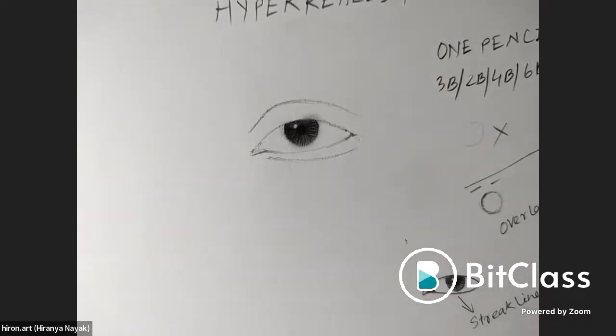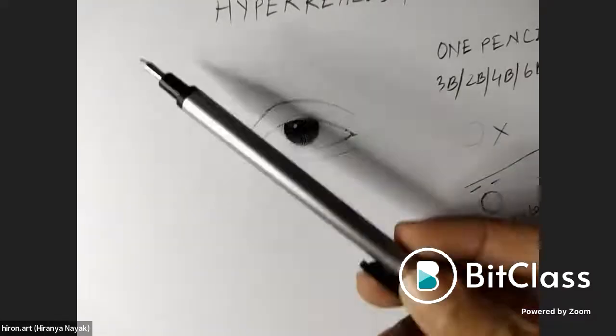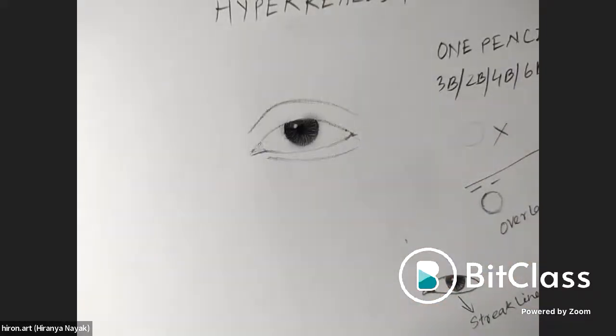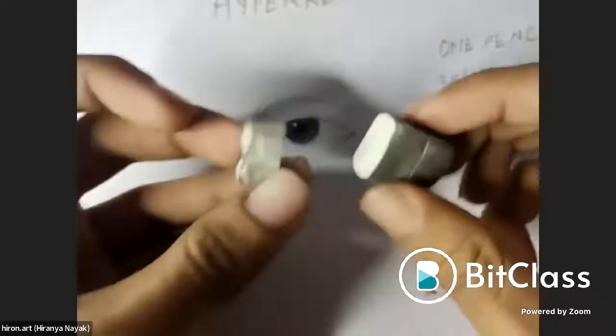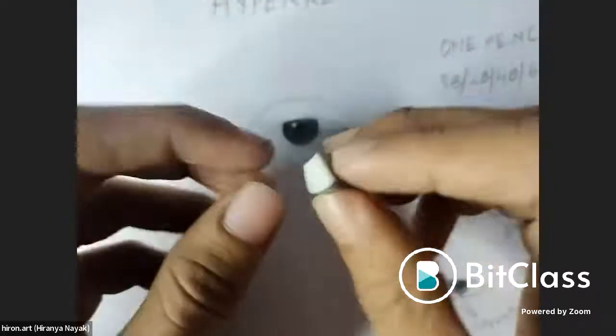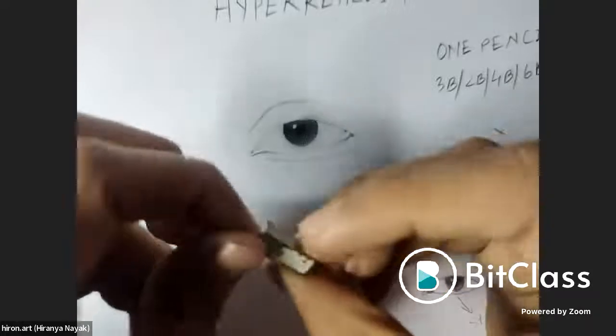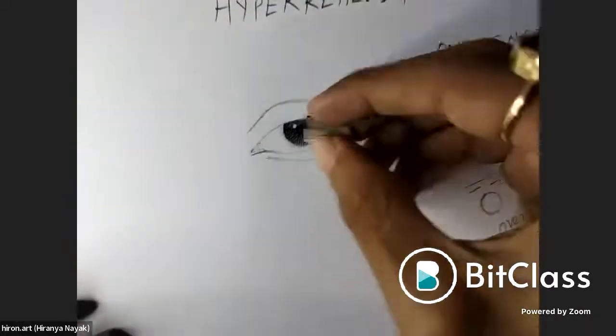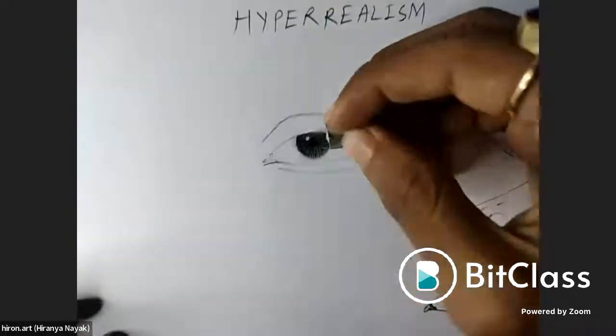Now for adding those passive highlights, don't worry guys, if you don't have any fancy eraser like a Mono Zero, or any kneadable eraser, I'm here. You just need to use a simple eraser. Just cut out a piece this way, and you'll be using this corner. Let me show you how.